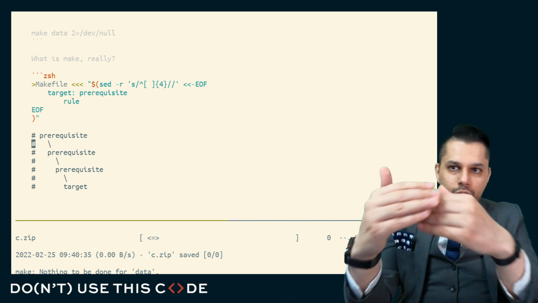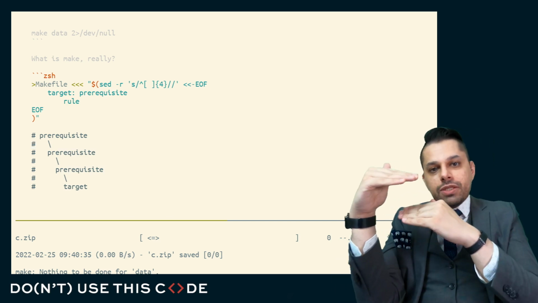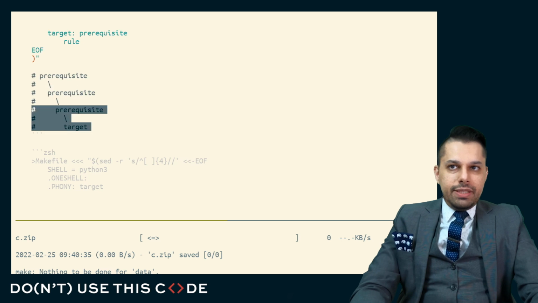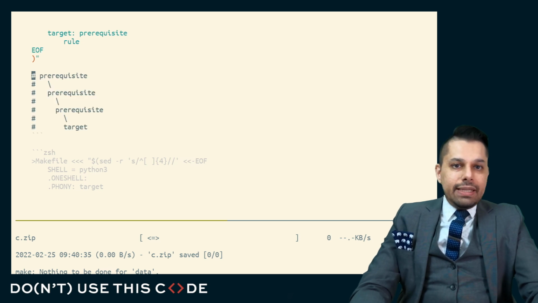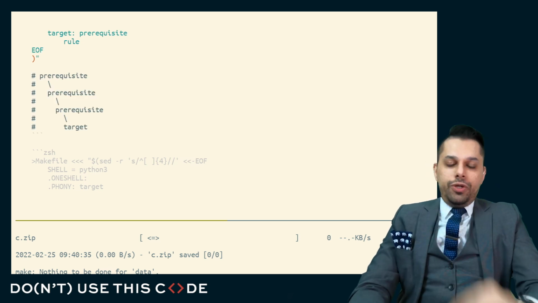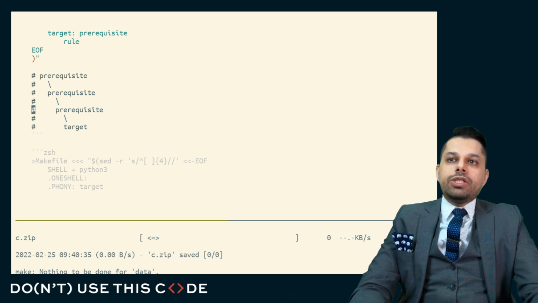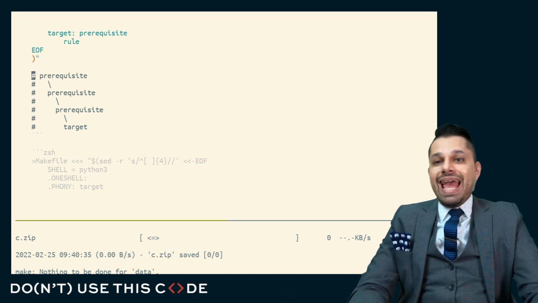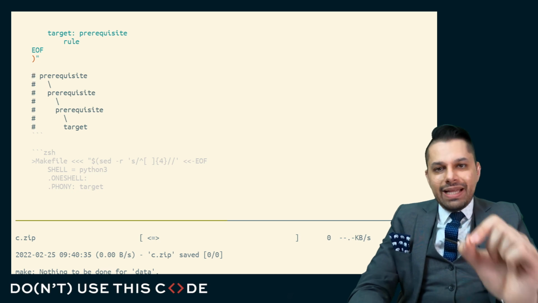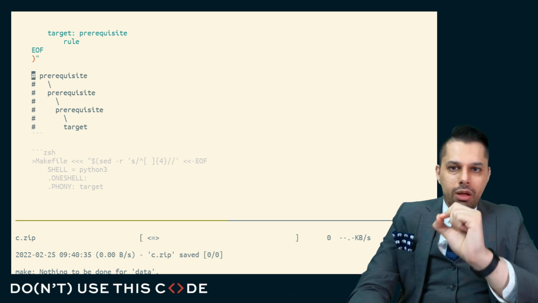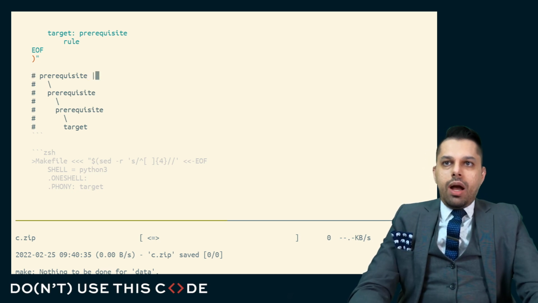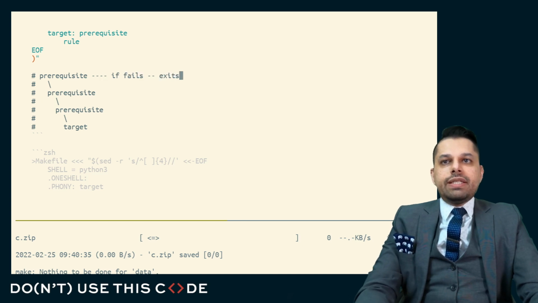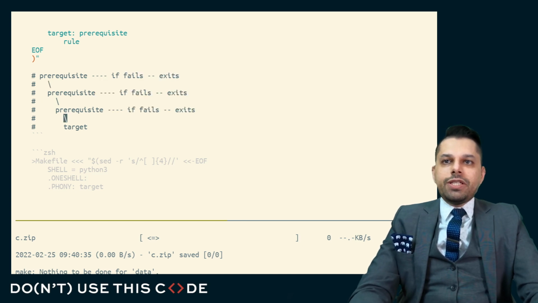Well, when you build these prerequisites, what make is doing is generating a graph for you. It starts from the target and determines the dependencies down this graph, building a control flow graph. It's saying, in order to build the target, I need to build this prerequisite, which requires that I build this prerequisite, which requires I build this prerequisite. And it's a control flow graph because implicitly, at each step along the way, there is another branch for what happens if it fails, and the thing exits with an error.